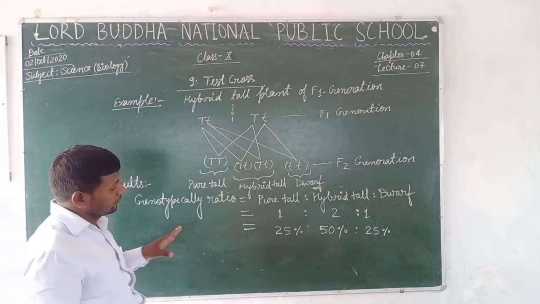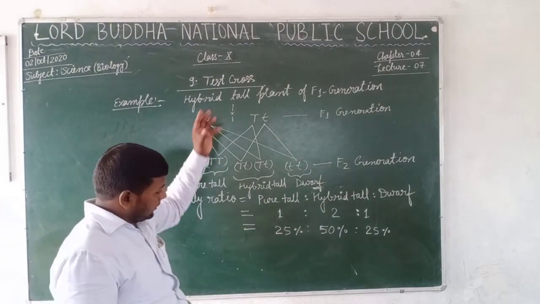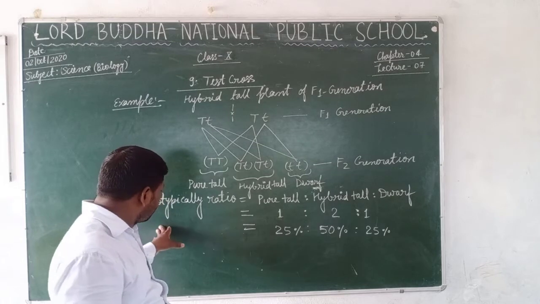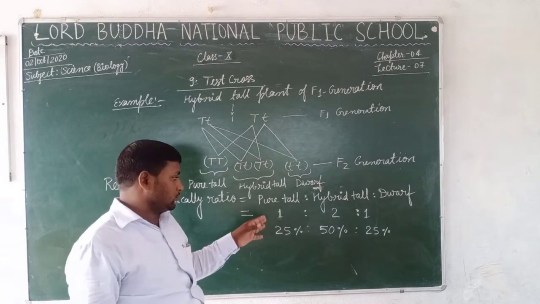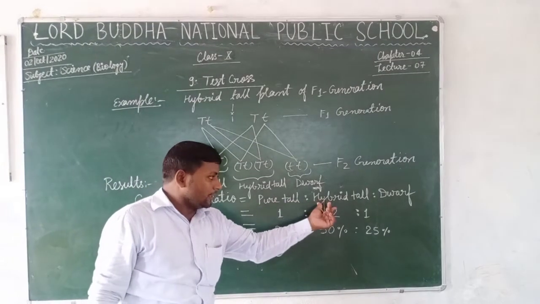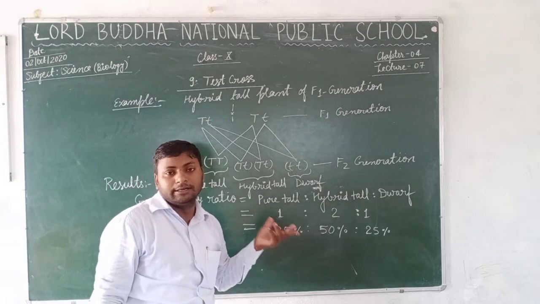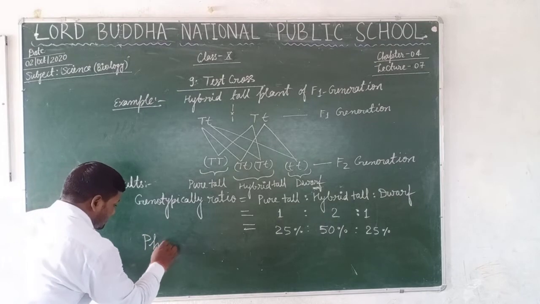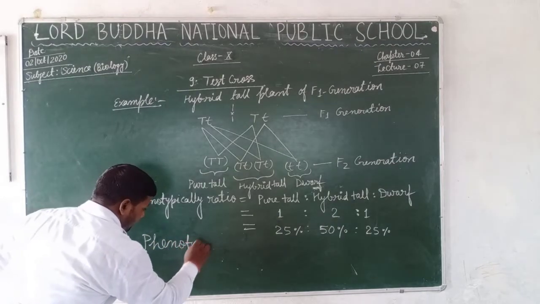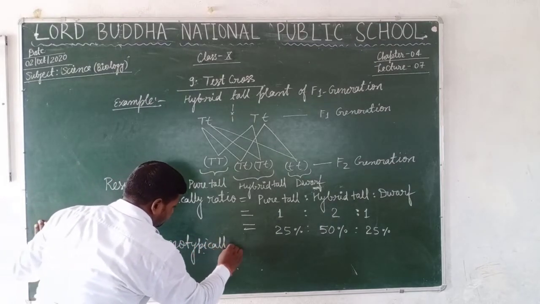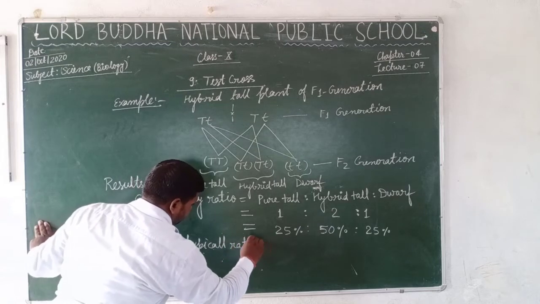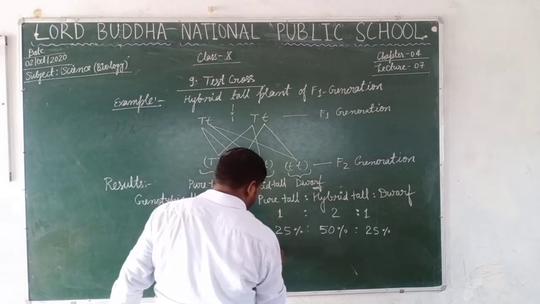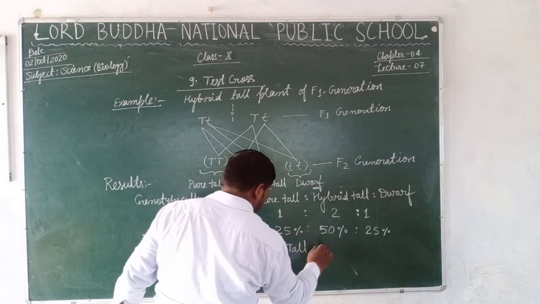But students, when we study the phenotypical ratio, the pure tall and hybrid tall are taken together and the ratio changes. The phenotypical ratio is given only as tall to dwarf.